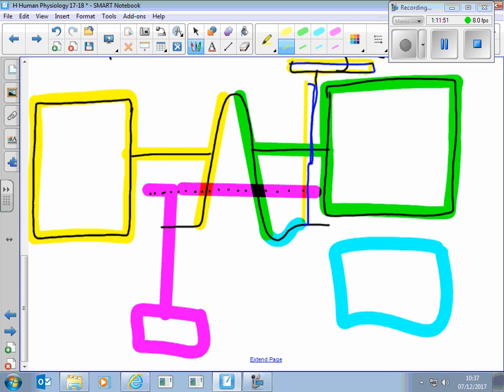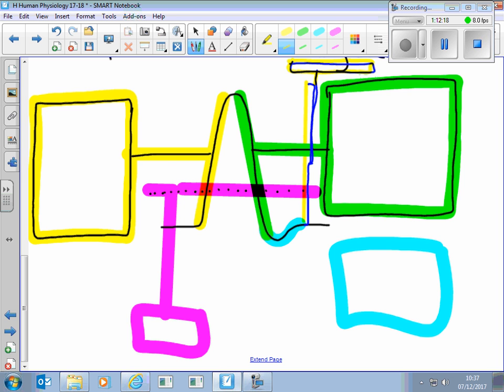Now, on the other side of this sheet, you've got a little bit about how action potentials move along a neurone. Oh, I see. Yeah. The top diagram, I think, is just showing a piece of membrane.